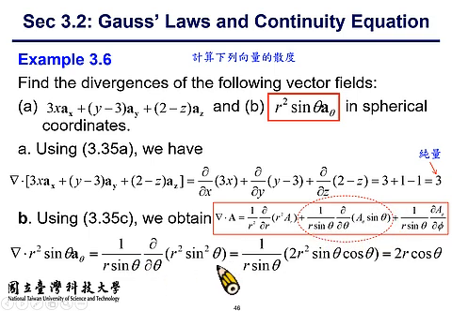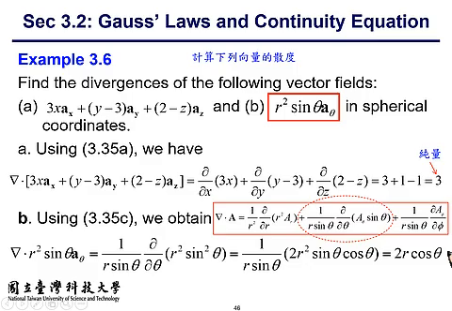So you first take the derivative with respect to theta of r squared sine theta times A theta, which is sine theta again. So you have r squared sine squared theta, and taking the derivative of this gives r squared times 2 sine theta cosine theta, divided by r sine theta, which is located outside of the derivative. So the end result is 2r cosine theta.